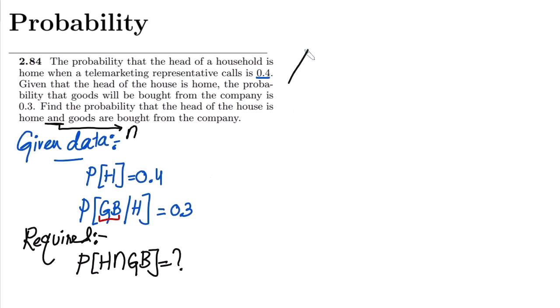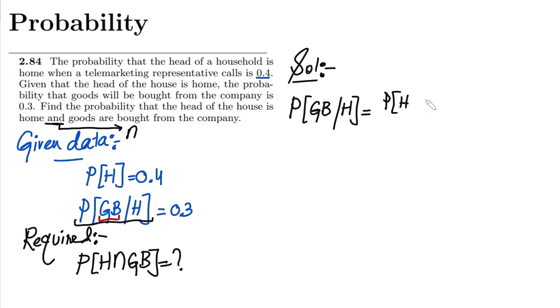So now, what is the solution of our question? We can very easily see that the conditional probability has been given to us, so the formula for the conditional probability here is: the probability of goods bought, given that the head of a household is home, is basically the probability that the head of a household is home and goods are bought, divided by the probability that the head of a household is home.